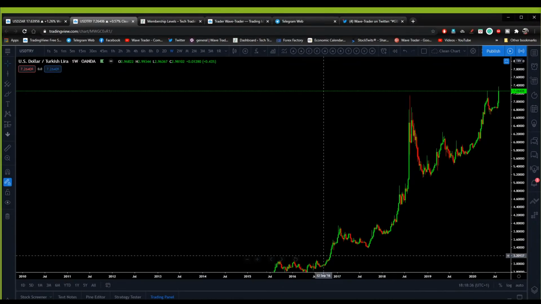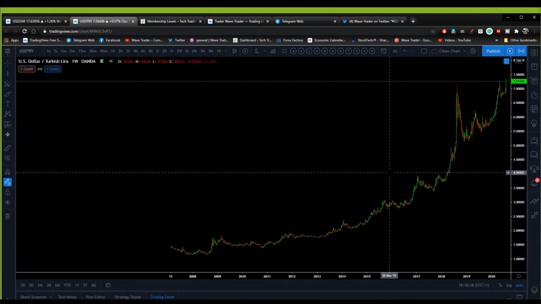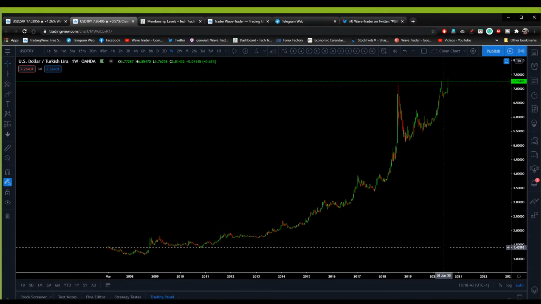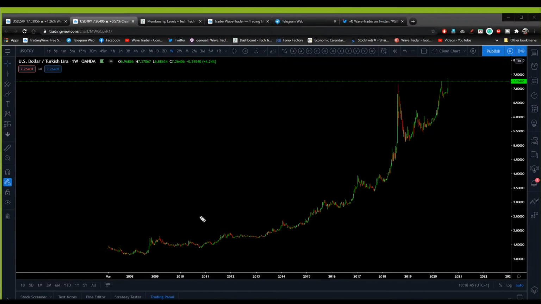So we're gonna look at the bigger time frame first. Look at that. This is just going in one way. All right. Normally you don't see that kind of move on major currencies against the dollar.